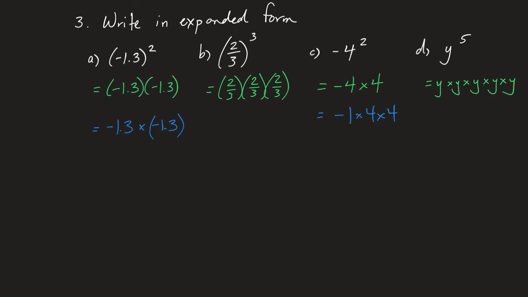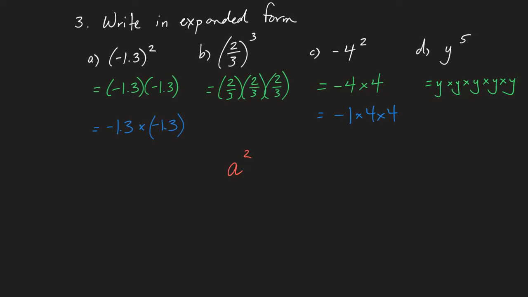Now, I do want to get to a little bit how we think about exponents. And so when we write something in expanded form, we just have to be very careful. So down below, I'm just going to put down a very basic a squared. And I just want us to think about our wording when we have to describe a squared. So what does a squared mean? And quite often we get taught when we're younger that a squared means that you're going to take a and multiply it by itself twice.